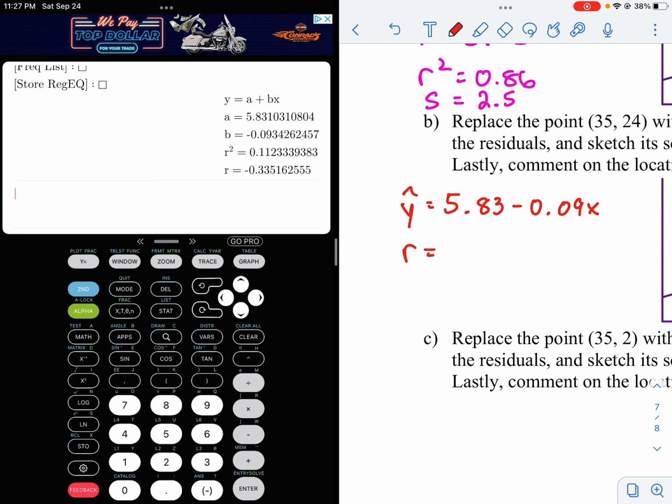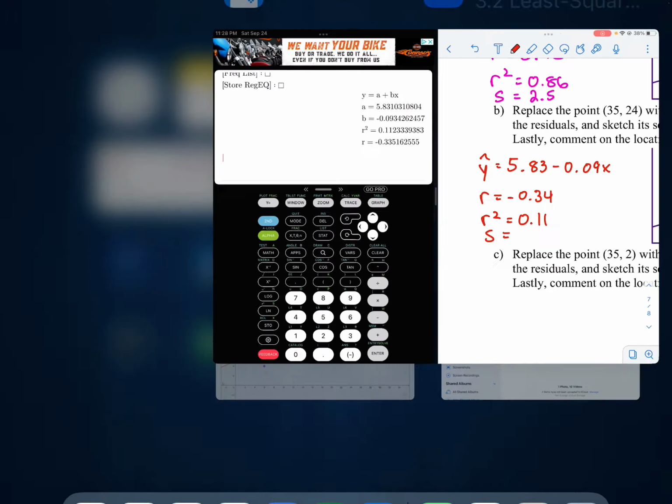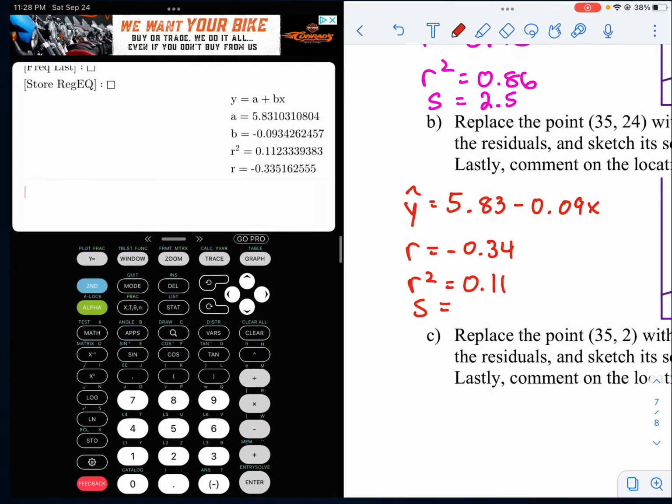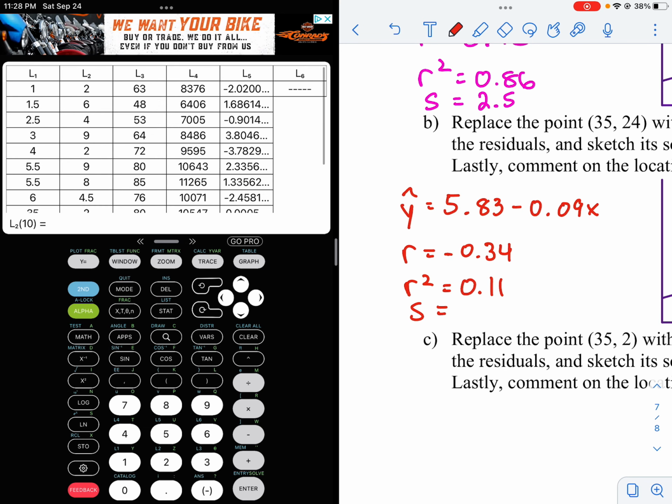We can see that the R value is negative now, and it's 0.34. So it weakened. R squared value, 0.11. And my standard deviation of the errors, stat edit list 5.